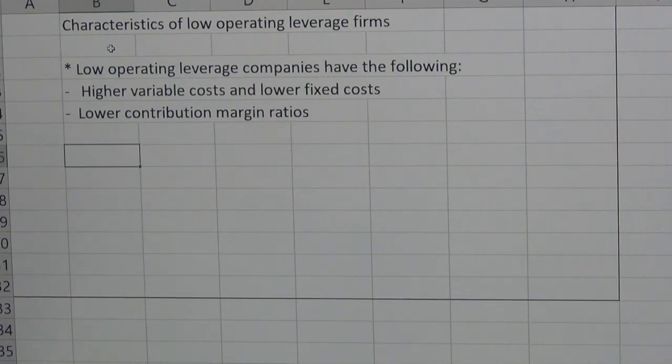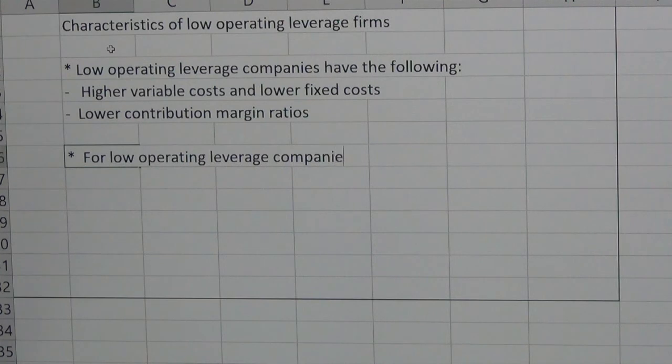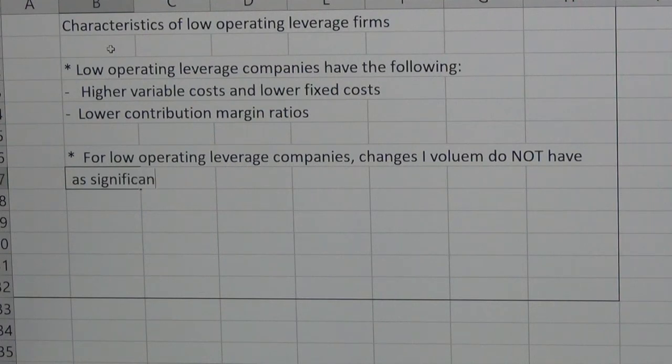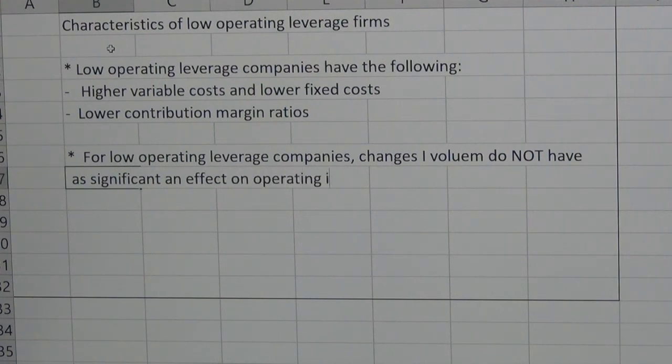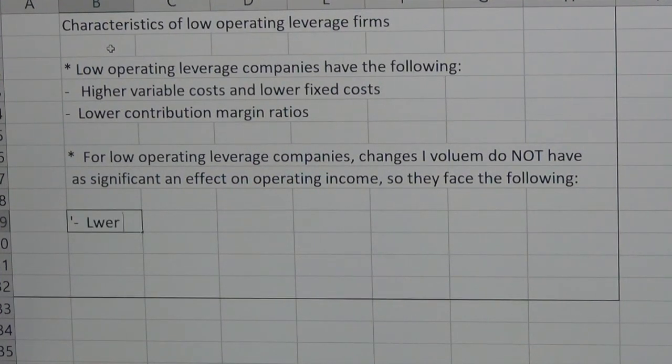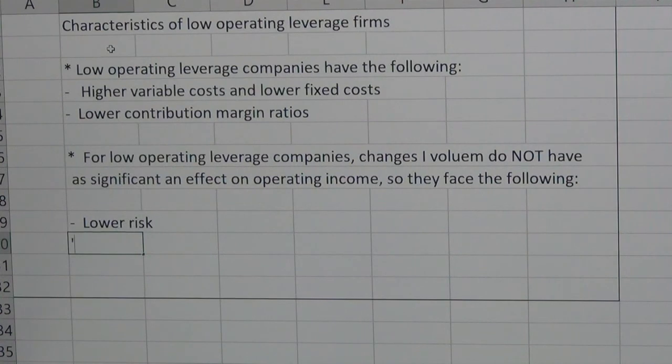So therefore, for low operating leverage companies, changes in volumes do not have as significant an effect on operating income, so they face the following: lower risk, lower potential for reward.